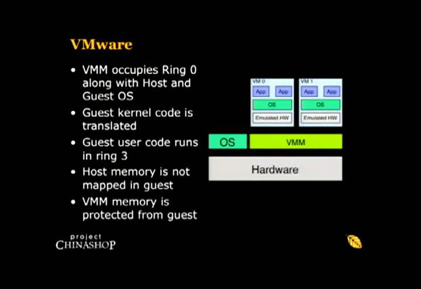And on a context switch between the host and the guest, all the host memory is unmapped, so the guest has absolutely no access to any memory that it shouldn't. Other tricks are used to protect the virtual machine monitor memory and data structures from the guest OS, so it can't tamper with them while it's running, and try and use that to bust into the host.